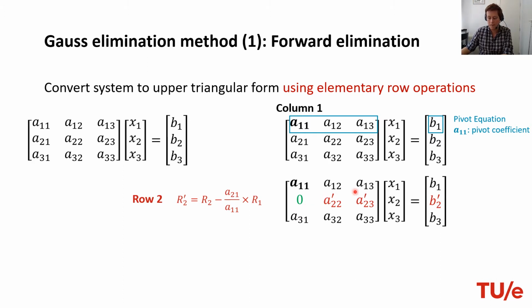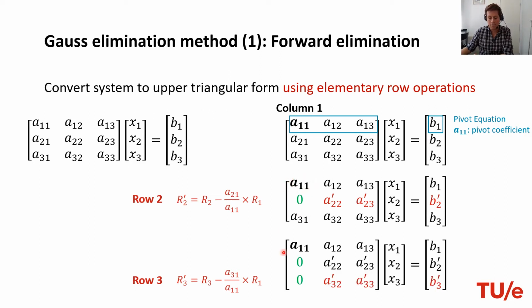This element and the element in the right-hand side vector are impacted. For the third row, we do a very similar approach. From the third row, we subtract the first row multiplied with the ratio between A31 and the pivot coefficient A11. That will make a 0 in this spot in the matrix and will impact this element and this element in the right-hand side. So now the first column is done: we have zeros below the pivot coefficient.